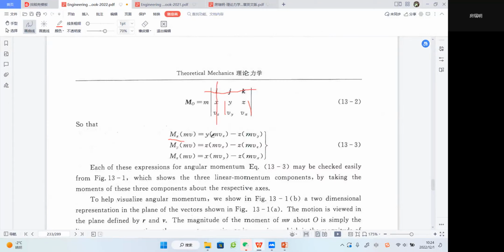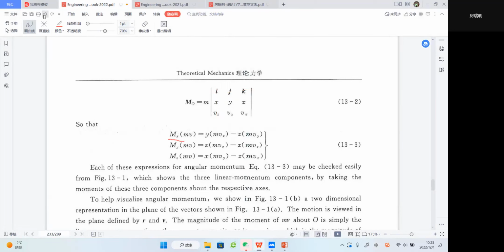So this is y times m vz minus z m vy, right? Because you want to get the first component, you should cut the first row and the first column.